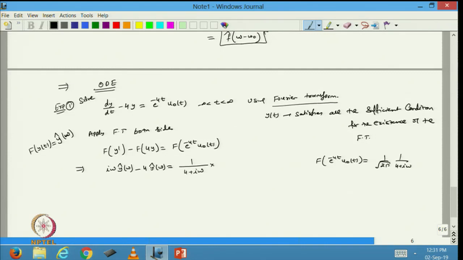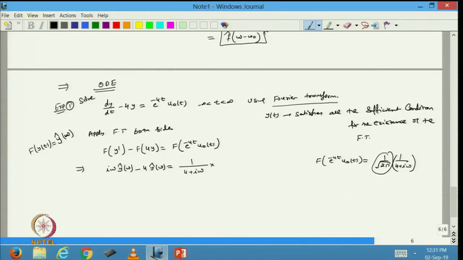over 4 plus i omega. But whenever we are solving a differential equation, we ignore this factor, because on the left side we are taking the Fourier transformation, and on the right hand side we are also taking the Fourier transformation, and we consider that the factor 1 by under root 2 pi gets cancelled. So whenever we are solving a differential equation, we generally ignore this factor.